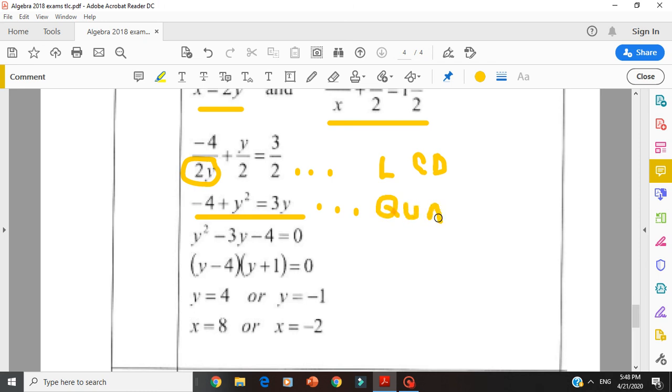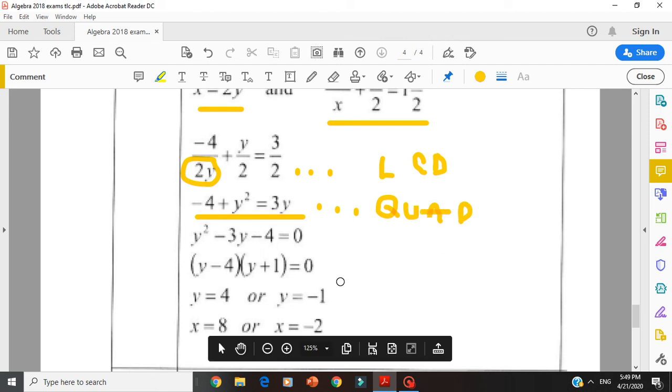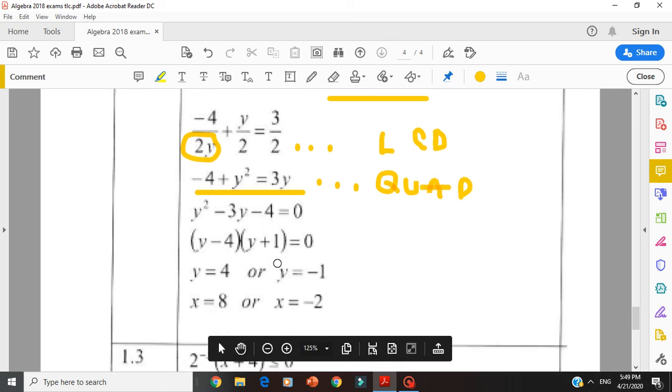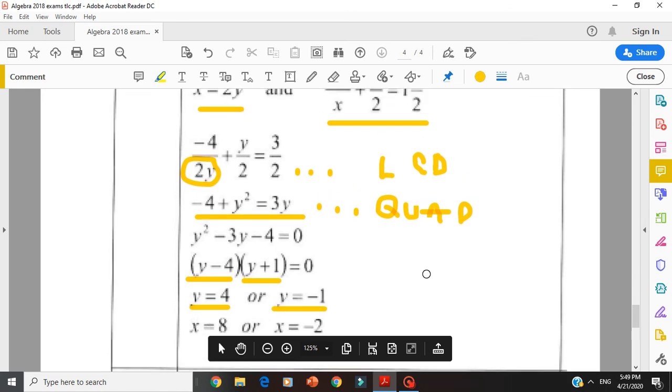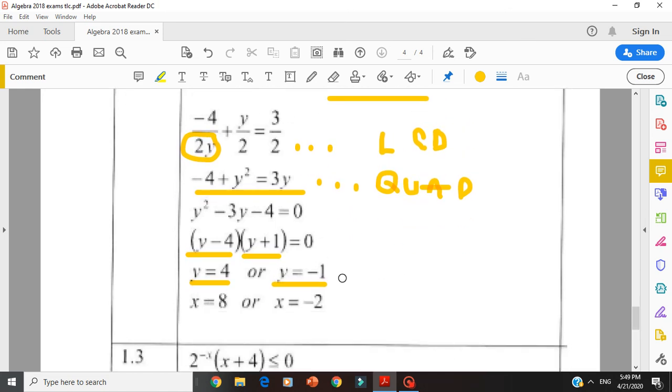Because it's quadratic, we know two techniques already on how to solve such a problem, either by factorization or by the quadratic formula. So here we get y minus 4 and y plus 1, and therefore y is equal to 4 and y equals minus 1. But that doesn't solve our problem. It asks us to solve simultaneously for both x and y.